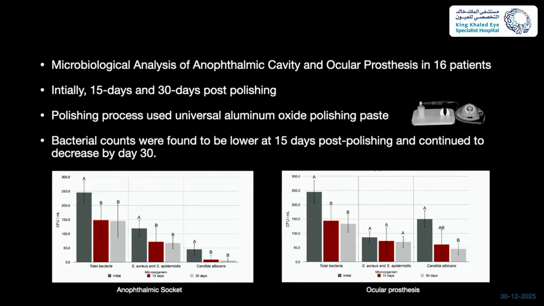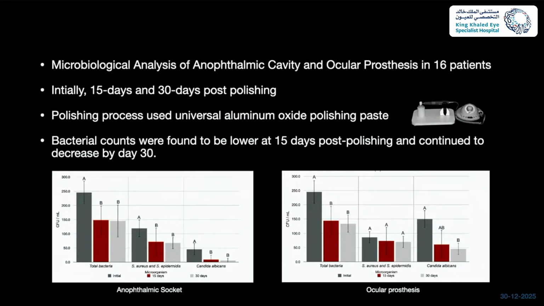As we can see in the two diagrams, the first one illustrates the anophthalmic socket, and the second is the ocular prosthesis bacterial count. They found the bacterial count to be lower at 15 days post-polishing, which makes sense, but it continued to decrease by day 30.